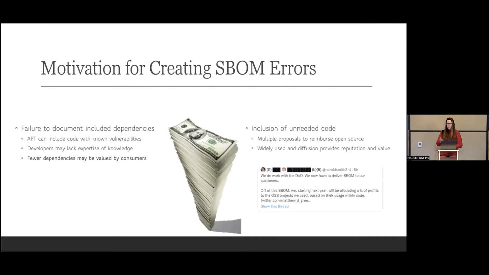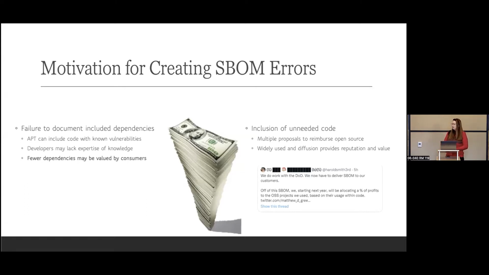So there's a major issue that we might find for creating SBOM errors that has always been found to be strongly motivating. And one of those is people are talking about using SBOM to solve the open source sustainability problem, so that when you have code that is widely used, you not only identify it for vulnerabilities, but also for payments.